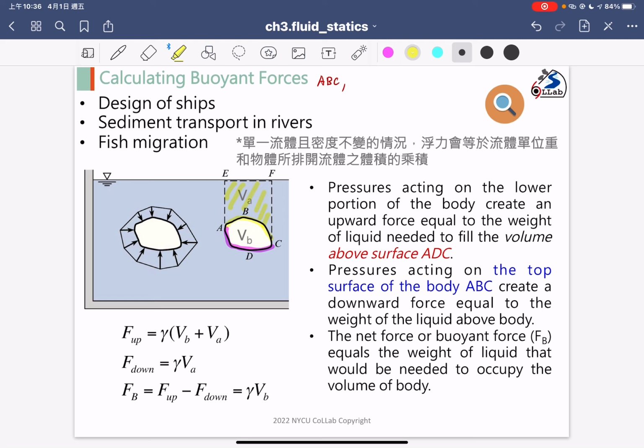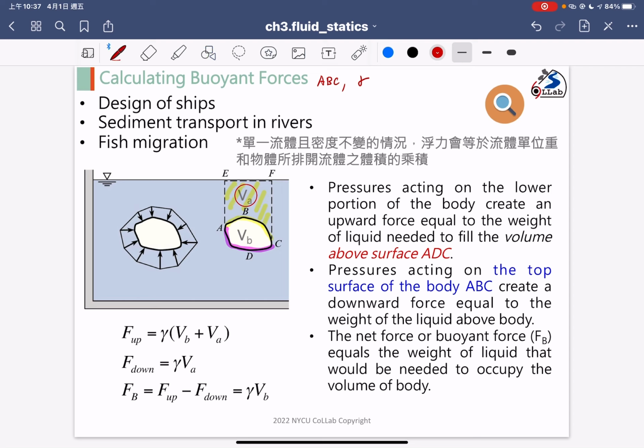So we know that we have the gamma. For the ABC conditions, we have the gamma, and we didn't know the liquid material, so I use the gamma. And the total volume in here, we use the VA.